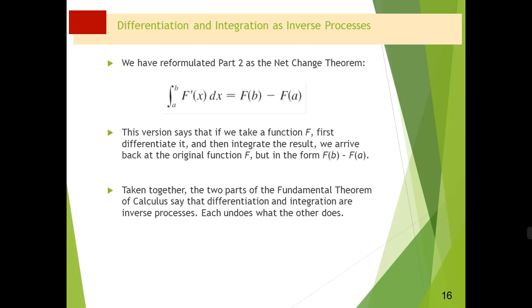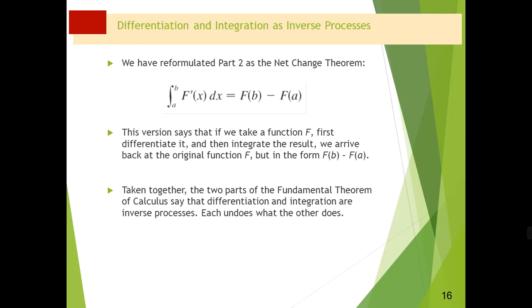In other words, to evaluate the definite integral, we need only find a capital F such that the derivative of capital F(x) is equal to f(x). And then we can form the difference F(b) minus F(a). In this way, we can compute an integral. So you can see this formula is very powerful.